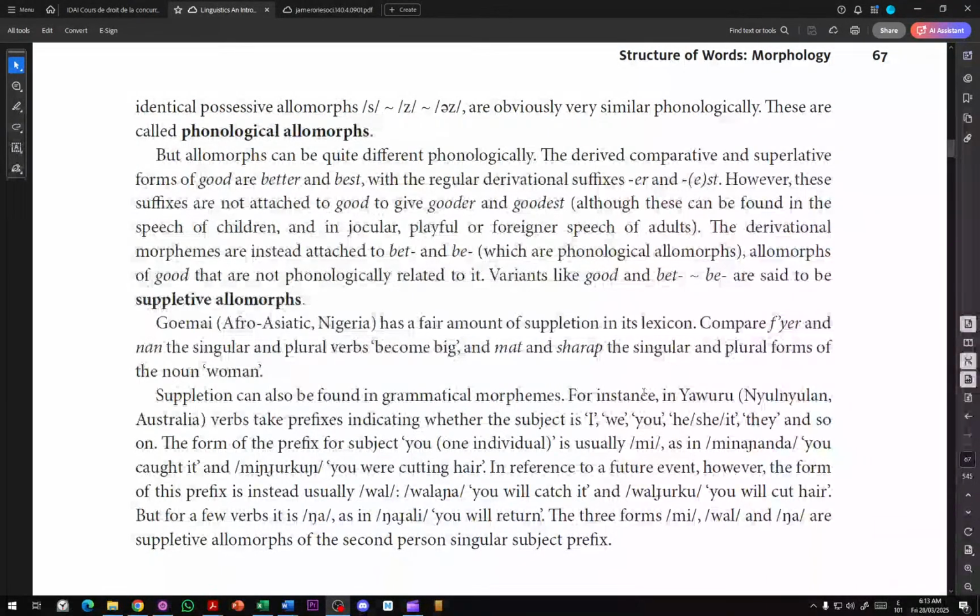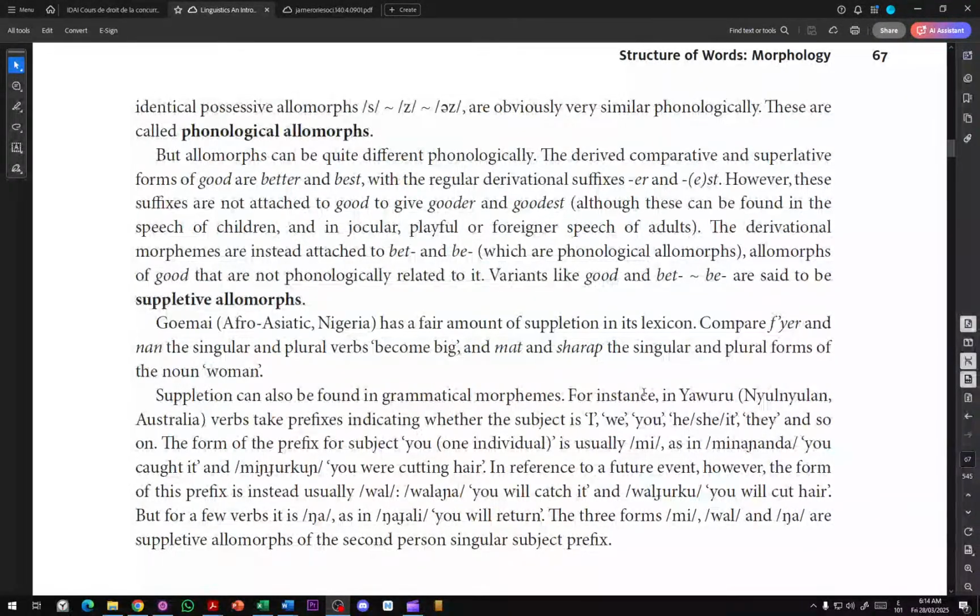The form of the prefix for subject you, one individual, is usually mi, as in minananda, you caught it. Minurkun, you were cutting hair. In reference to a future event, however, the form of this prefix is instead usually wal.